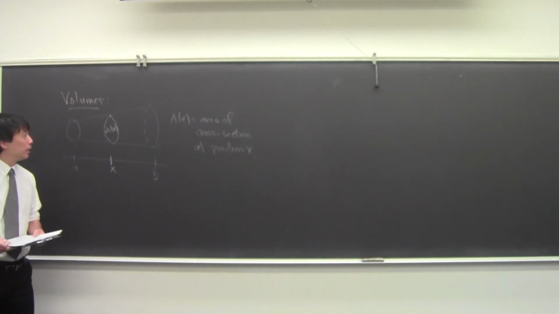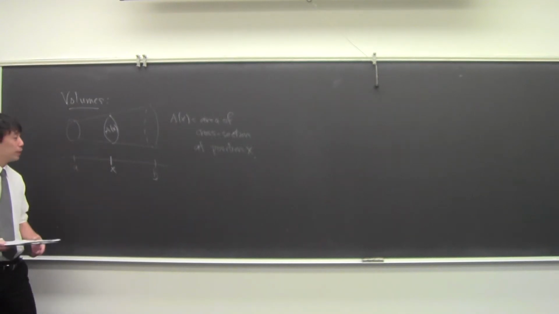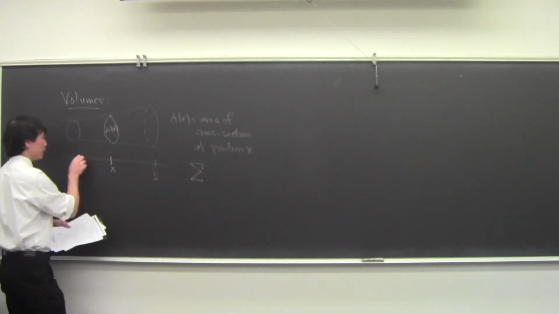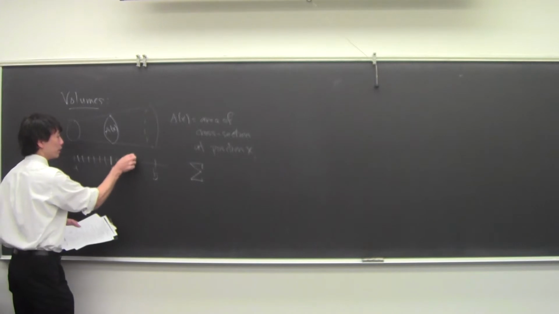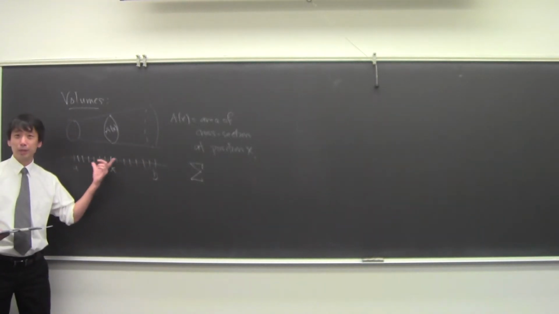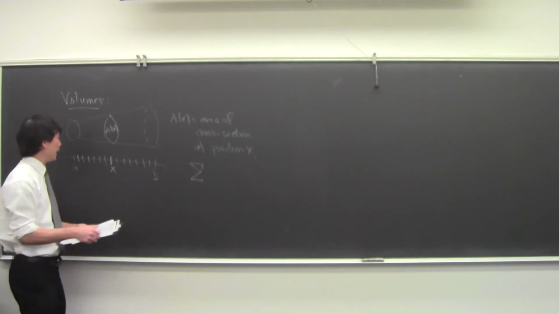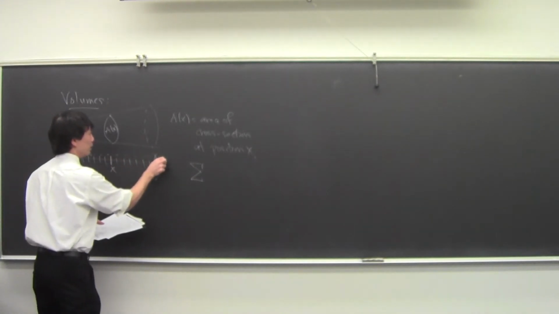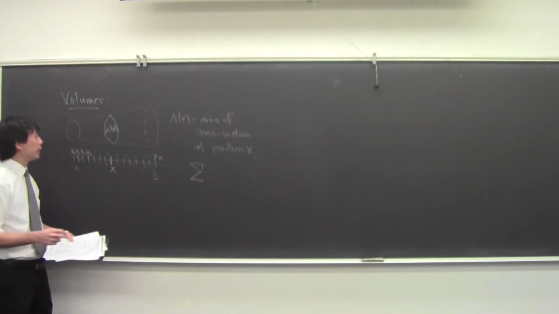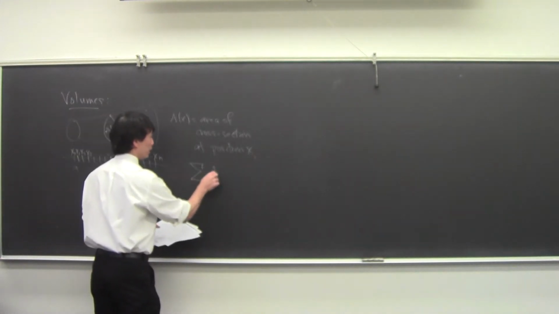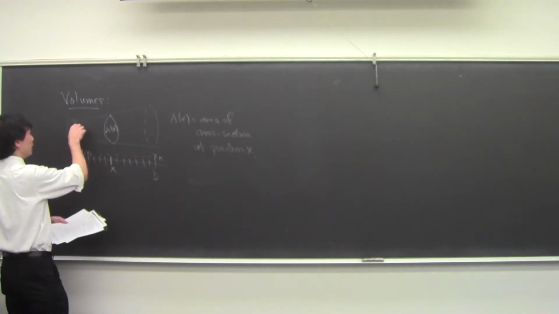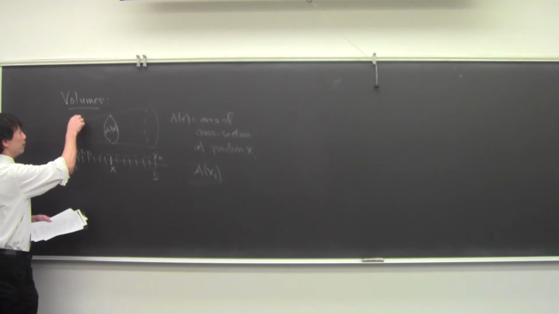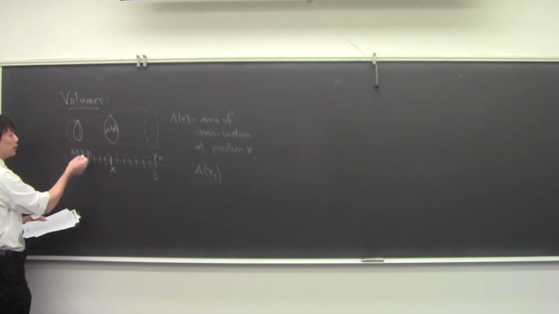Right, and what you do is you chop this thing into a certain number of subintervals, and let's call these x0, x1, x2, x3 to xn. And you say, okay, I'm going to take the area of that cross section at x1, and I'm going to multiply it by the width.